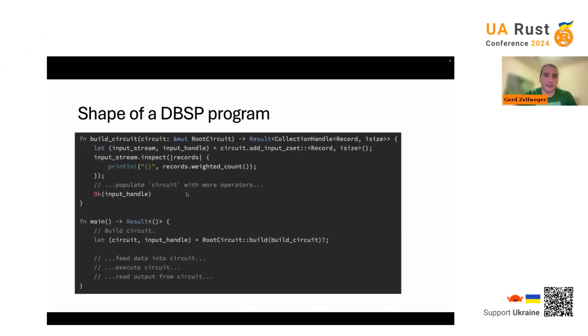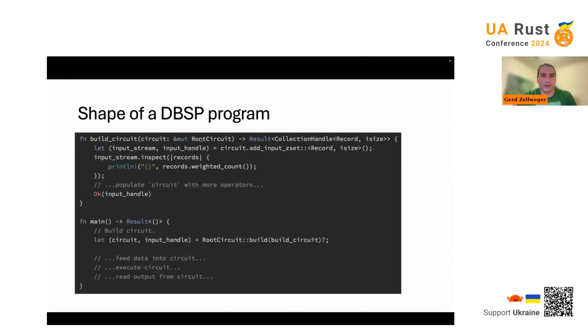So here's the shape of how a regular DBSP program looks. This is some Rust code. You see we have a main function here. Typically what you do is build what we call a circuit, because our theory of how to do this has some influence from electrical engineering. The circuit just takes a closure.